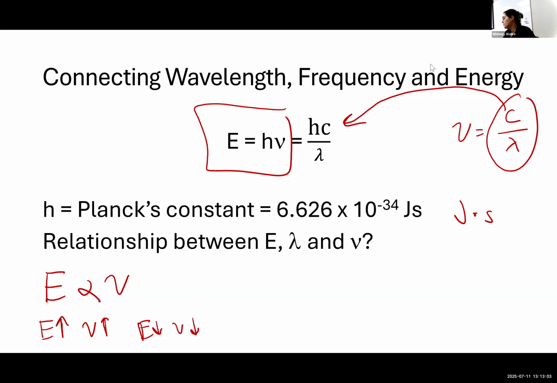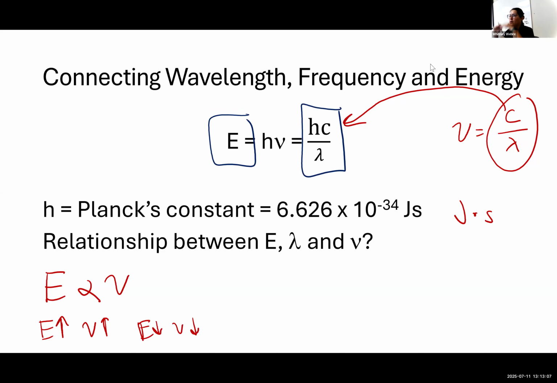All right. Now let's look at energy versus the other equation. So energy versus lambda, so wavelength. Are they inversely proportional or proportional? So lambda's in the denominator, so they are opposite. As one goes up, the other goes down.